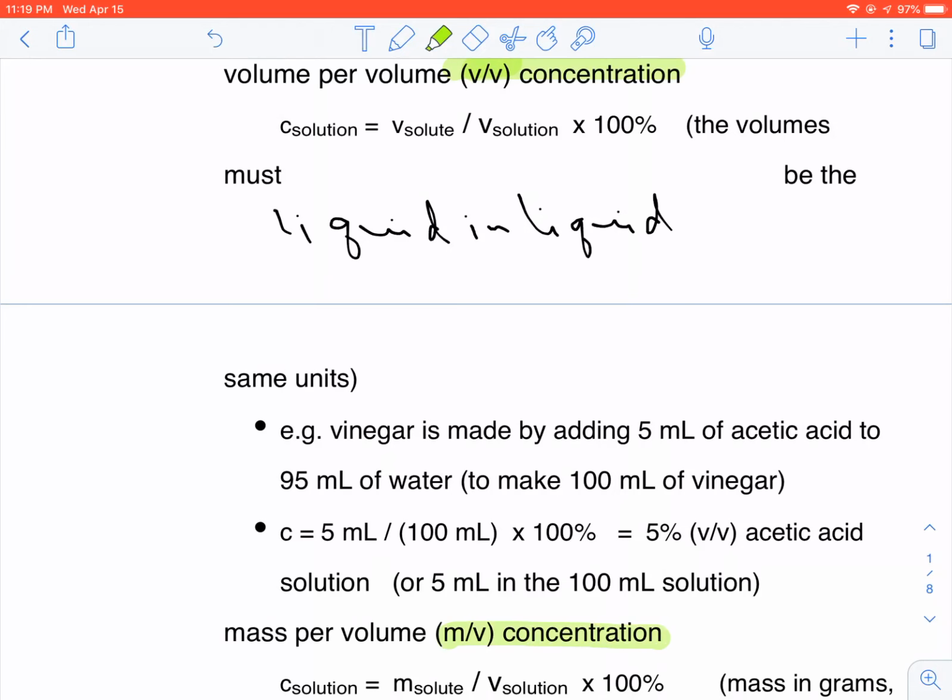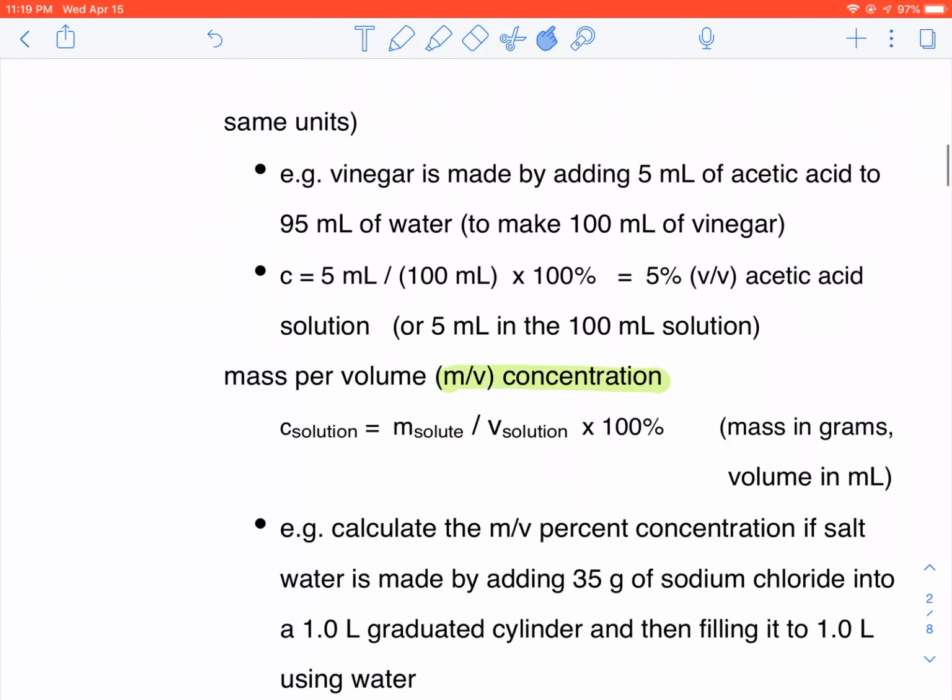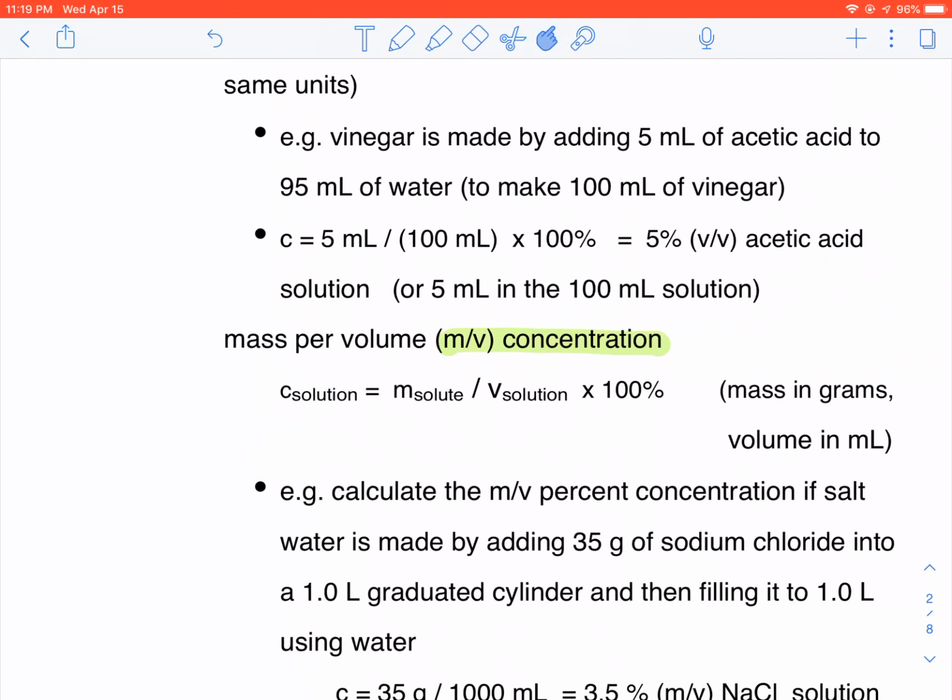Now, there's way more in it than that, but that's basically the ingredient that they're probably trying to top you up with. So I'm going to be taking the mass of solute now, how many grams, and divide it by the volume of the solution in milliliters, and then it will give me a percent.